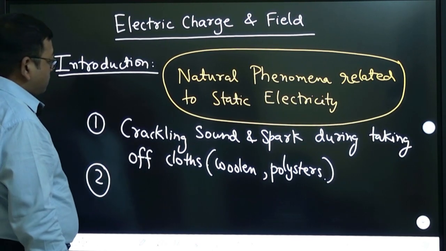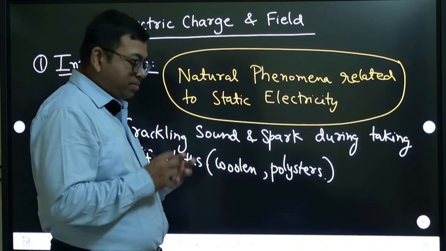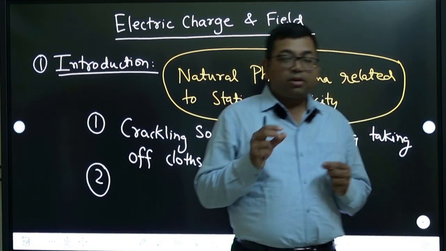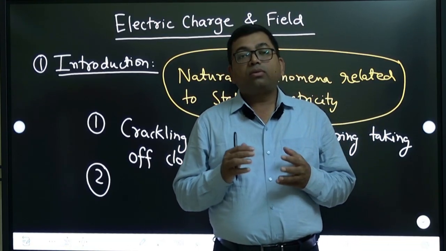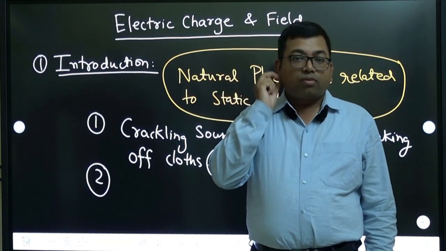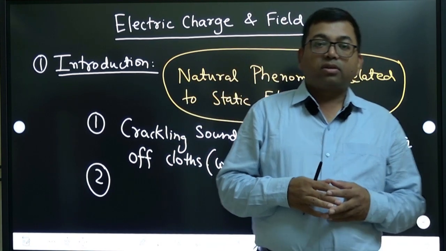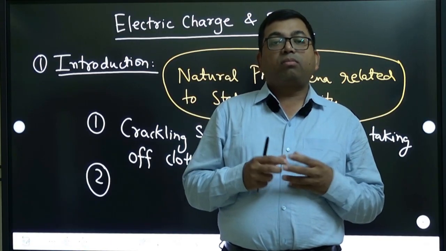The second is shock. They are talking about a mild shock, not a very big electric shock, but we feel some mild electric shock when, let us say, you are walking or sliding over the ground and you touch some metal bar or metal rod.